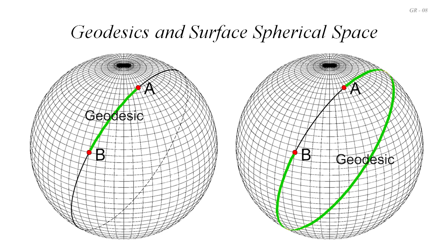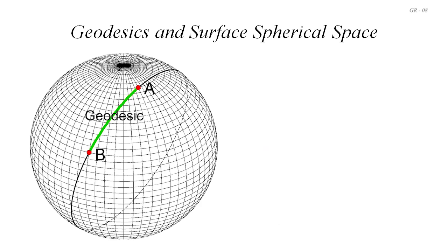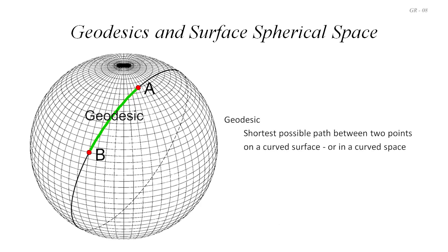Granted, this path is clearly very long, but it still has what we might call a local minimum length, in that it is a straight path as far as moving along the surface is concerned, and any slight deviations from it would make the path even longer than it is. It is a local minimum. However, we will continue to use the simple definition of a geodesic as being the shortest possible path between 2 points on a curved surface or in a curved space.